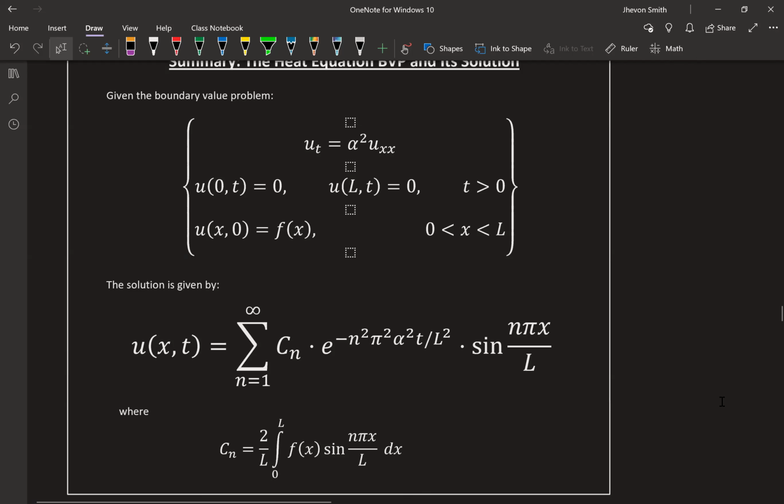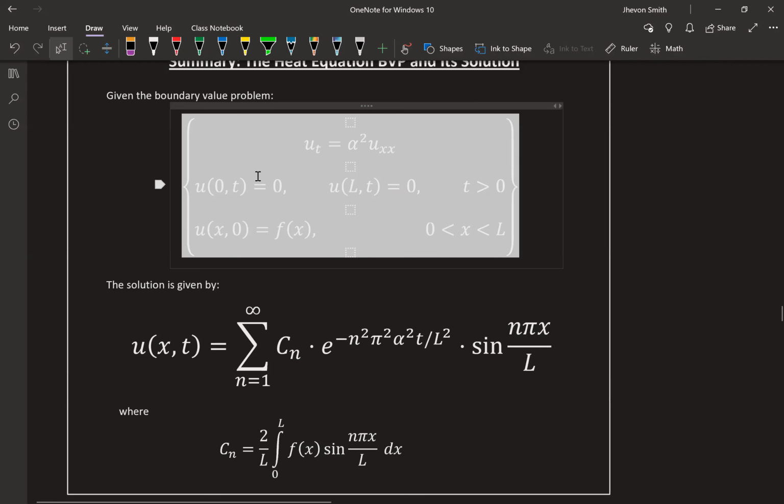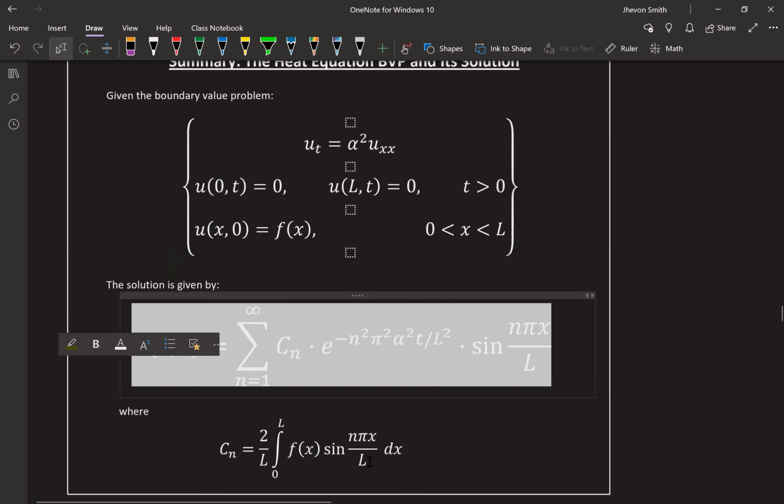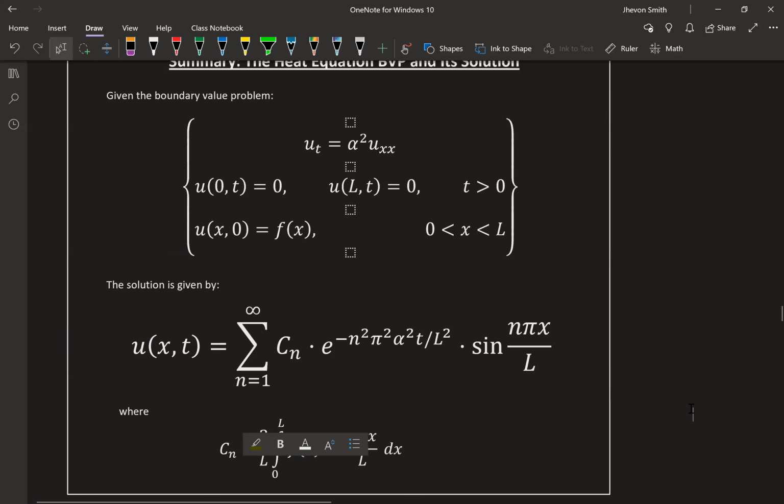Worst case scenario, if you get nothing from this class, you need to get that. If something looks like this, the solution looks like this, where the Cn is given by the Fourier sine series coefficient. That's the summary. However, I really wanted to show us how we even got here.